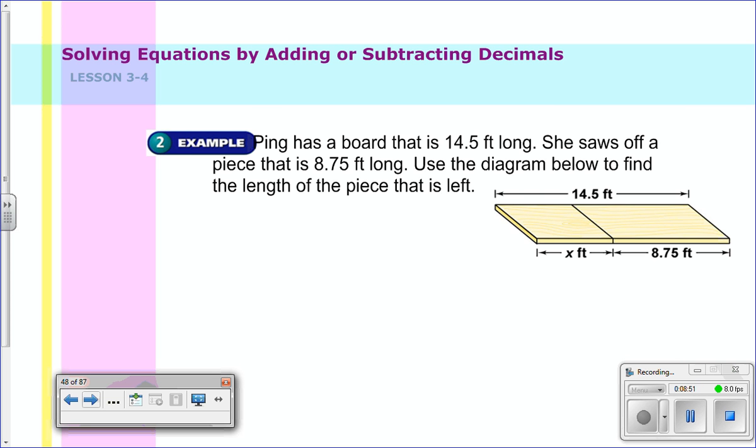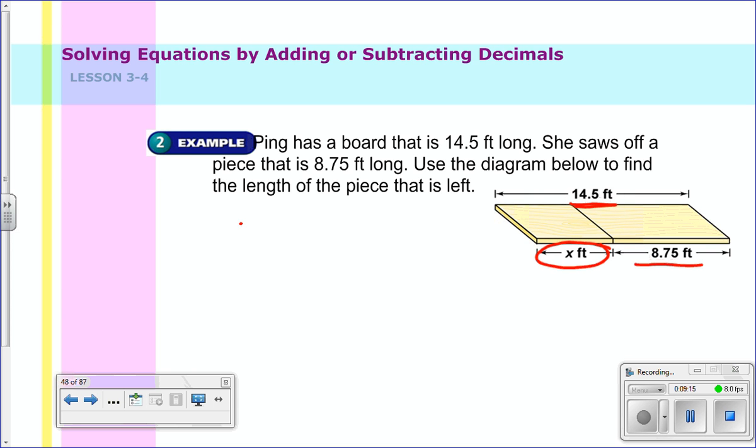And this example here is perfect because it tells us all the things we need to know. All right, we know that the whole board here is 14 5/10. All right, that's the complete length. But we also know Ping chose to cut it in half. And one piece was 8 7/5 feet long, and we have to figure out what that missing piece is.